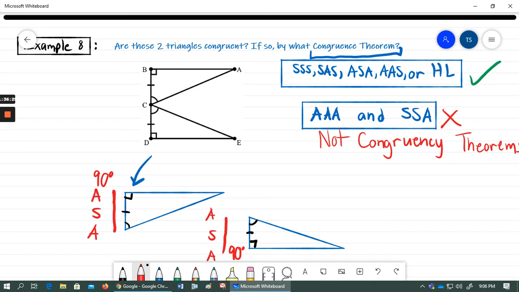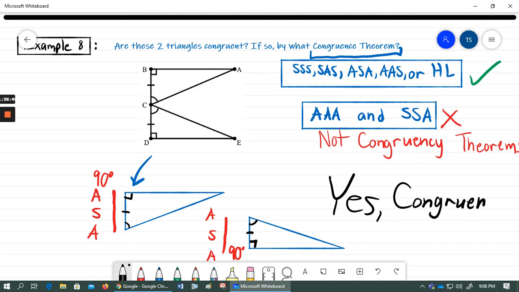So it matches up in both triangles with an angle, side, and angle. Based on that, these two triangles are congruent, and they're congruent by the angle-side-angle congruency theorem.